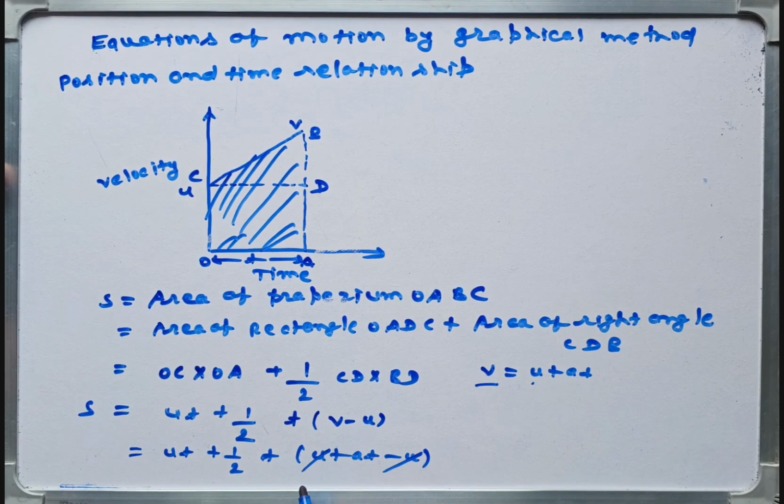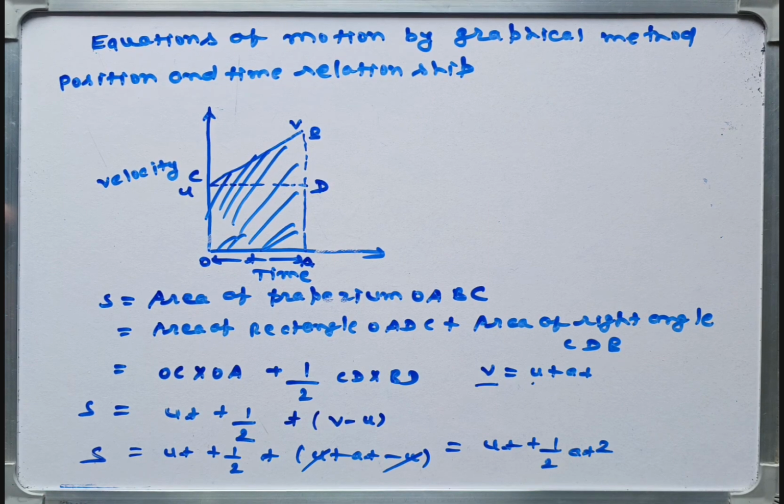So u cancels out, and finally you can write s equals ut plus 1 by 2 at square. Such a relationship between distance and time is known as the position and time relationship.